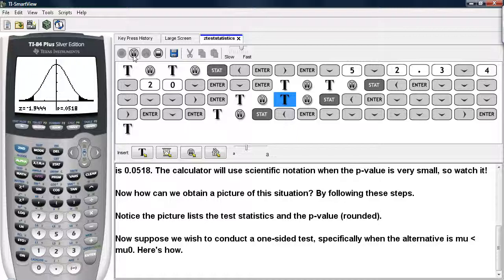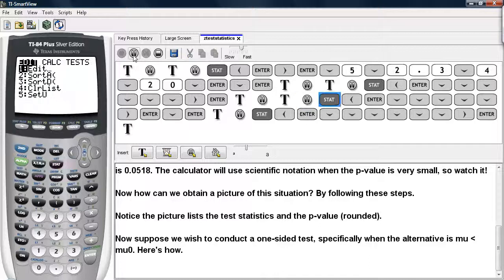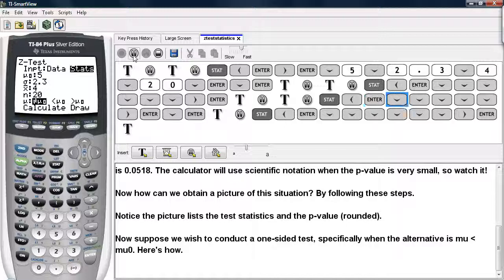Now suppose we want to conduct a one-sided test, and let's go ahead and say it's a left-sided test. Well, here's how you can do it. You go under Stat, highlight Tests, select Z-test, and scroll down until you get to the alternative. And here is the alternative.